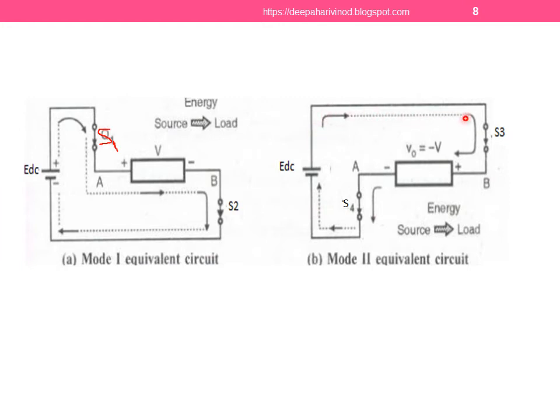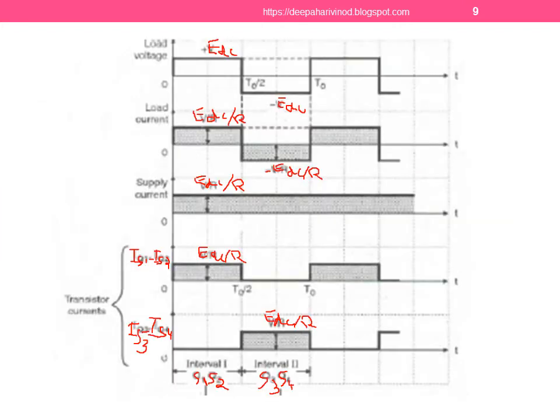And here we can see the waveform. From 0 to T naught by 2, it is mode 1. From T naught by 2 to T naught, it is mode 2.